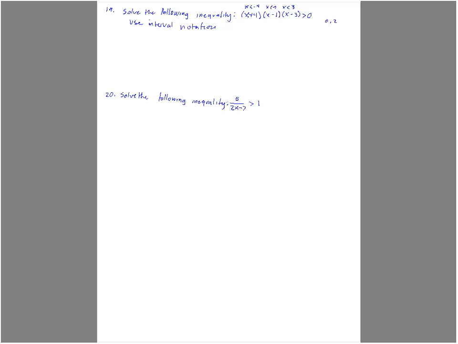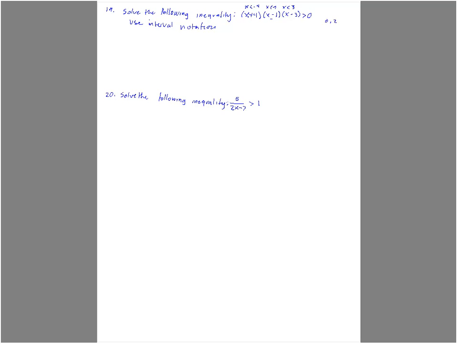So let's go ahead and figure out where we have an even number of negative values here for each of these terms. Well, this is negative when x is less than -4.